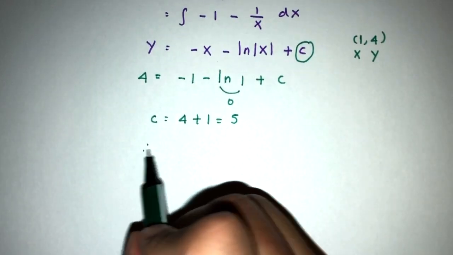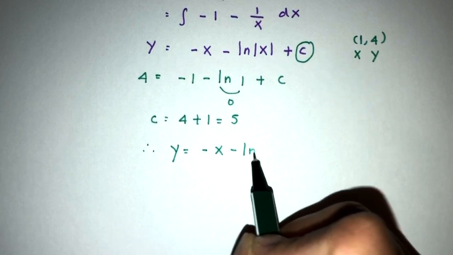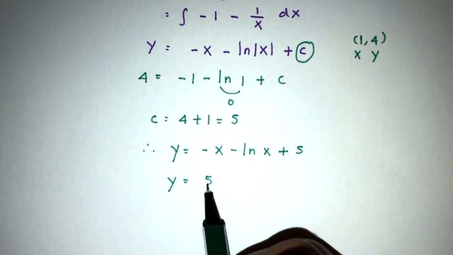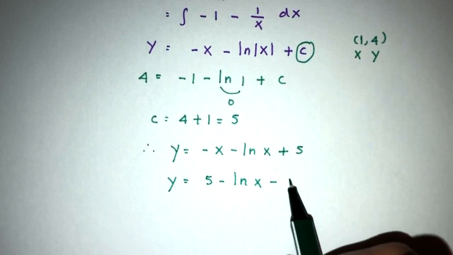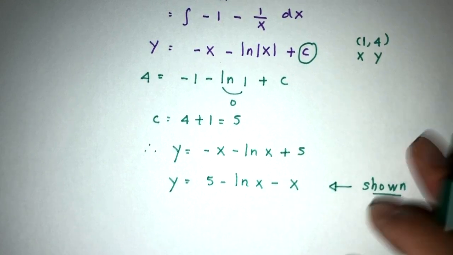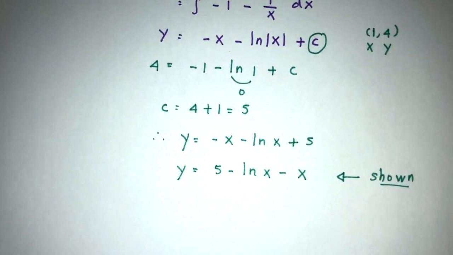So finally, y has to be minus x minus ln of x plus 5. Or we can rewrite this as 5 minus ln of x minus x. This is shown as required. Right here, shown as required for this one. That is for part A of the question.